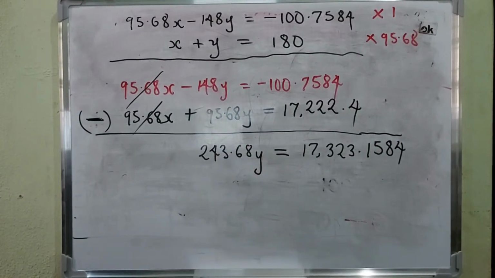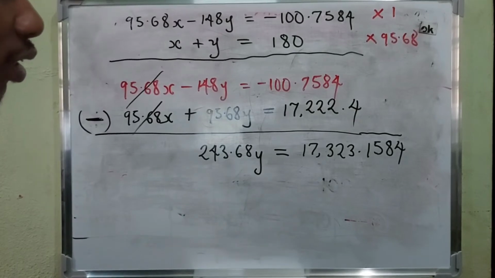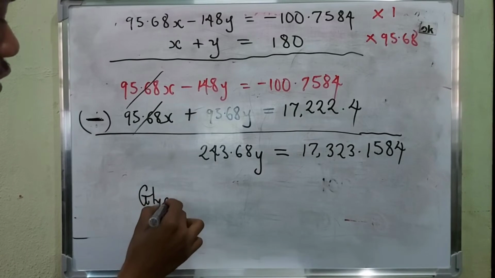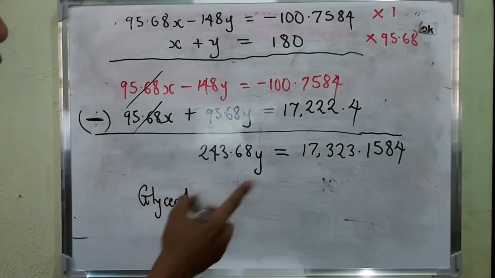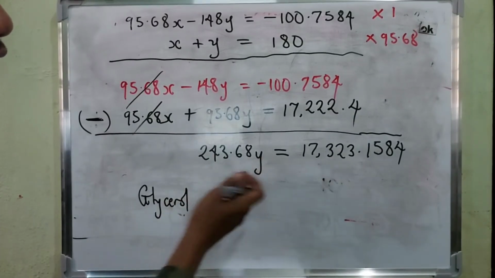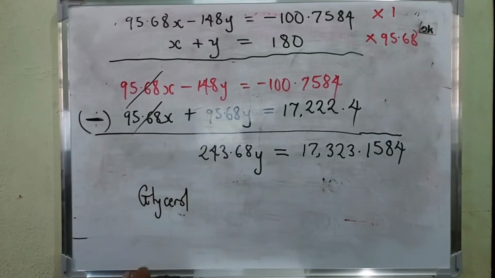So easily I can find the value for y. Remember, y is glycerol. So the weight of glycerol in gram to be measured would be found by dividing both sides by the coefficient of y.